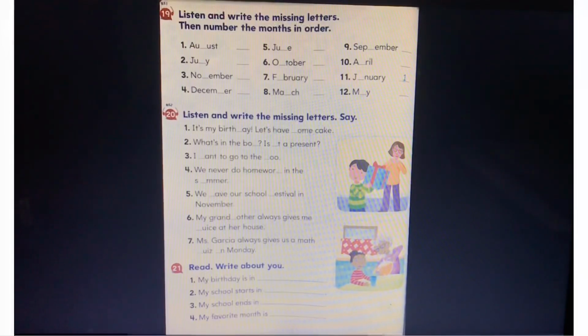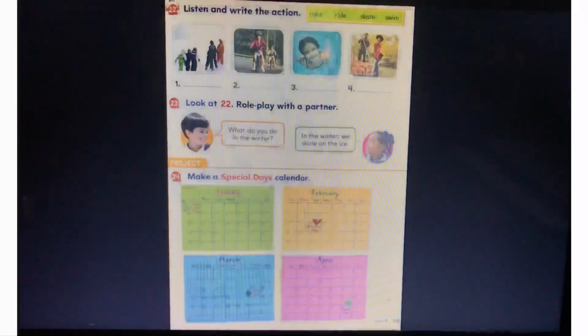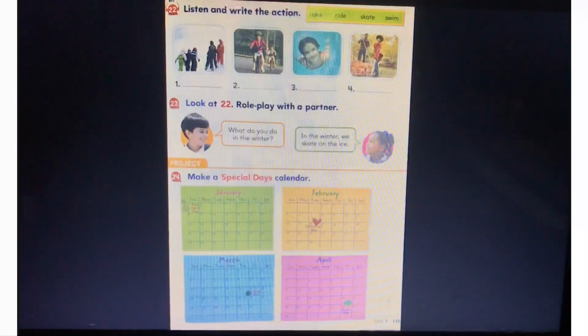Very good, guys. Now, we will move on to page 115. On page 115 of your big English book, we will be talking about the different actions that we have during the year.